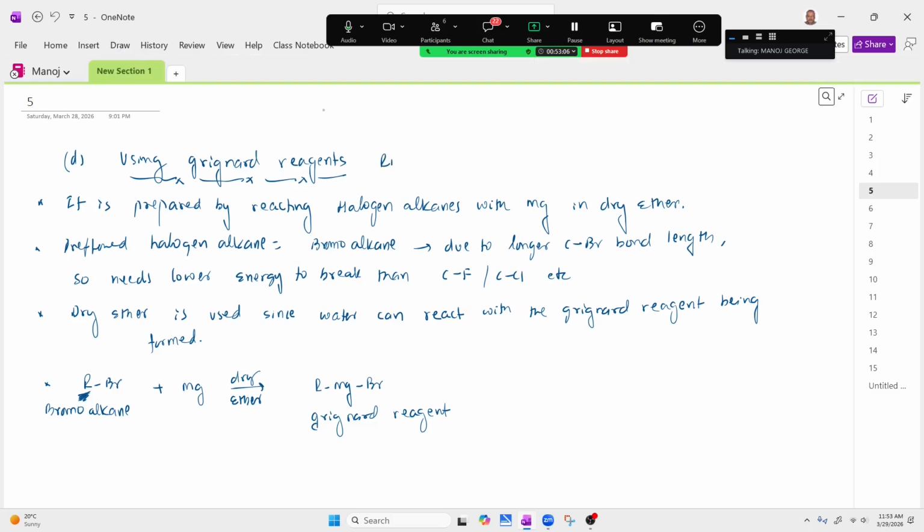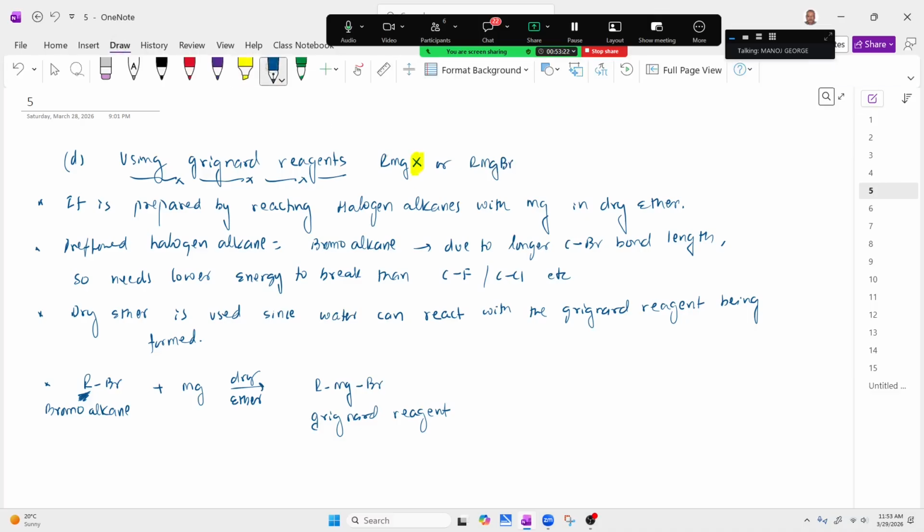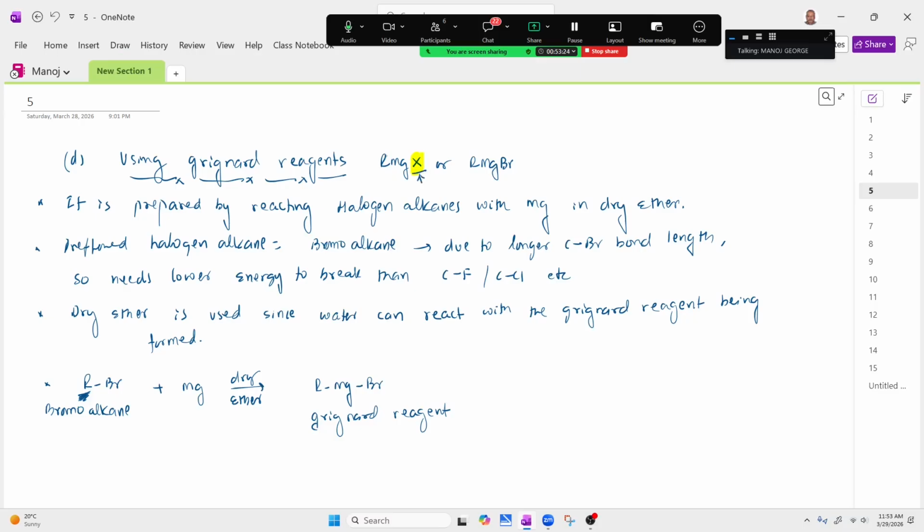So this is RMg. Normally in the textbooks it's written as RMgX, but for the sake of our discussions, I'm just going to go with Br. It's much easier to go with Br all the time. Don't forget X is supposed to be a halogen, and technically I can use any halogen, but the most preferred one is Br here. Okay, good. So far everyone is fine.